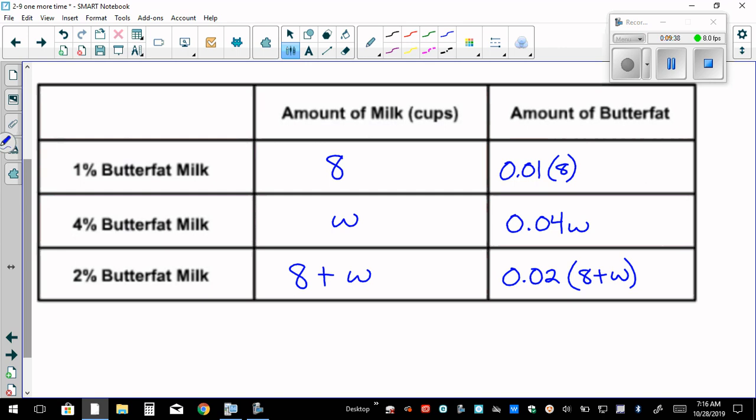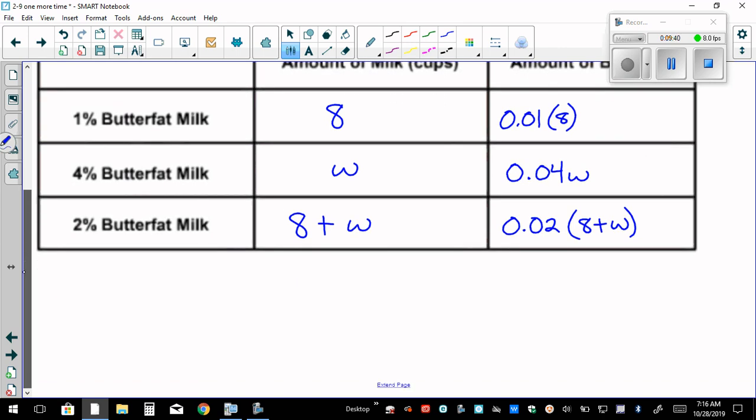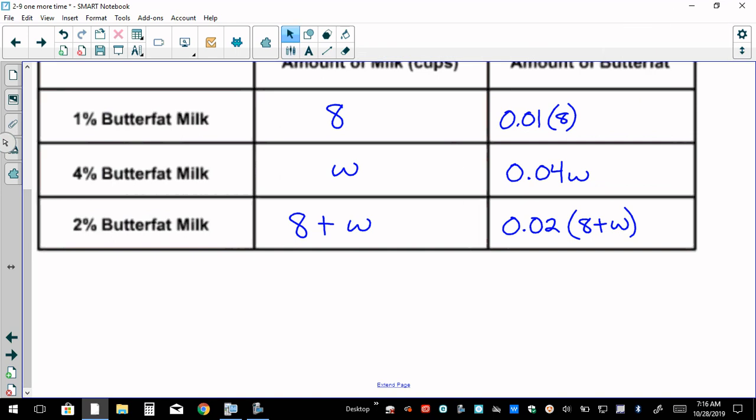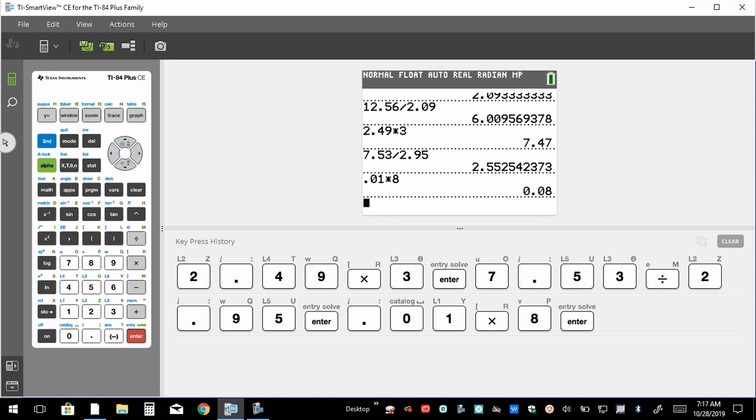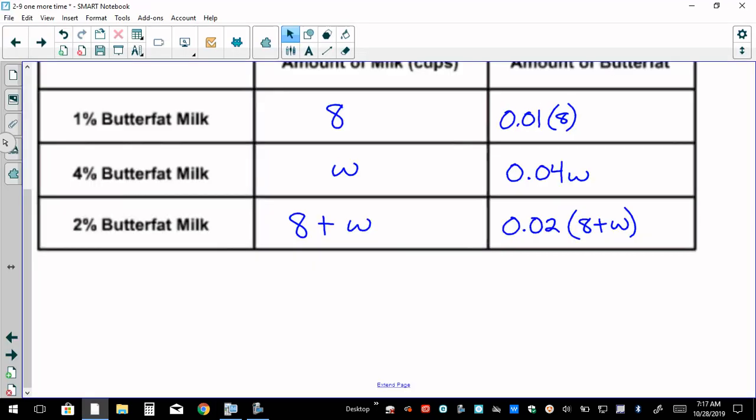Now let's add these things up and solve for W. So 0.01 times 8, you can do the math on that, or use a calculator, that's 0.08. That makes sense.